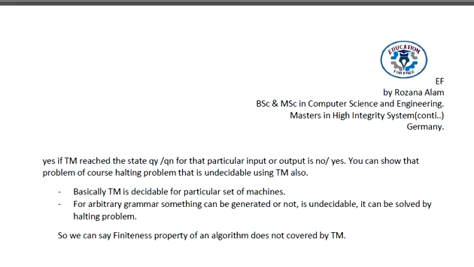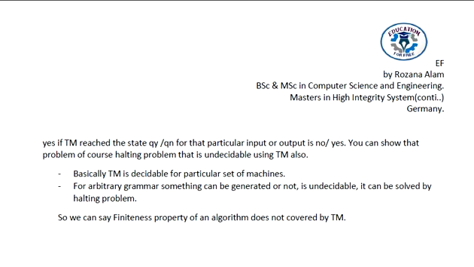So basically we can say that the Turing machine is decidable for a particular set of machines, but for an arbitrary grammar, whether something can be generated or not is undecidable. So it can be solved by the halting problem only. So we can say that the finiteness property of an algorithm is not covered by the Turing machine.